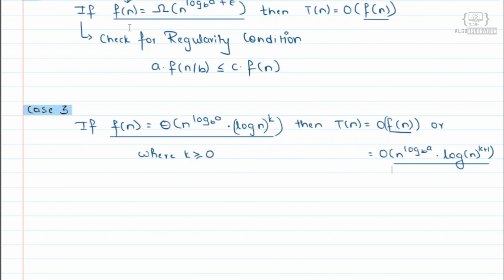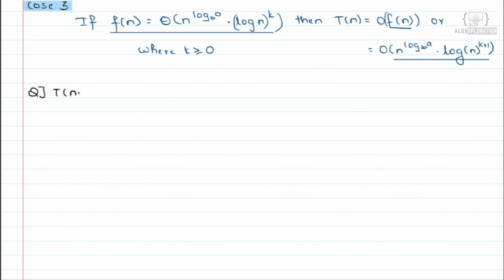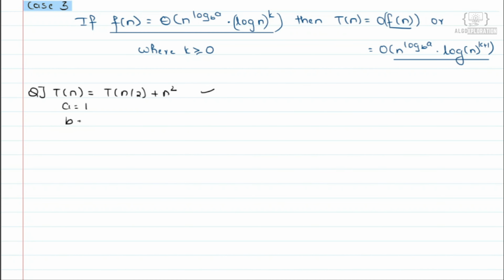Now let's take an example and understand it clearly. The question is T(n) = T(n/2) + n². Is this in the form of a * T(n/b) + f(n)? Yes, it is. The value of a here is 1, the value of b is 2, and f(n) = n², which is a positive function.